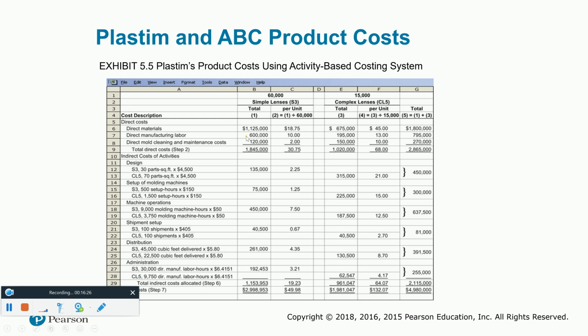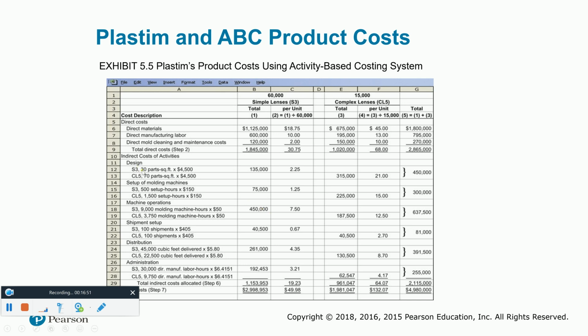Now, in addition, we were able to find another direct manufacturing cost, and that is 120,000, direct cleaning and maintenance costs. All right, so we have our direct materials, direct labor, and our direct overhead, let's call it. Now, here are all of our indirect costs.